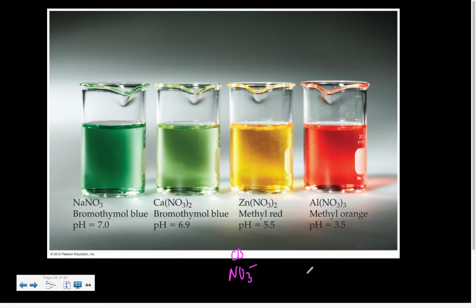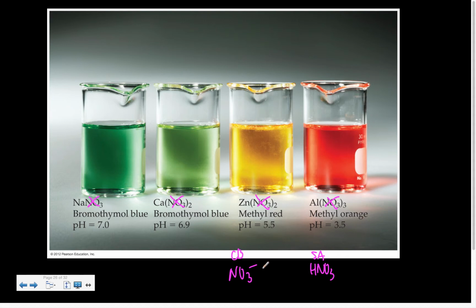So this is the conjugate base of HNO3, which is a strong acid. Since HNO3 is a strong acid, its conjugate base is of negligible basicity. This has no tendency to abstract protons from water, increasing the hydroxide ion of our solution, which means that this, across the board, has no effect on my pH.